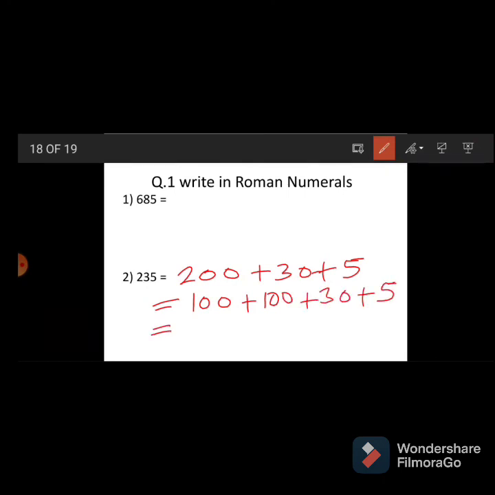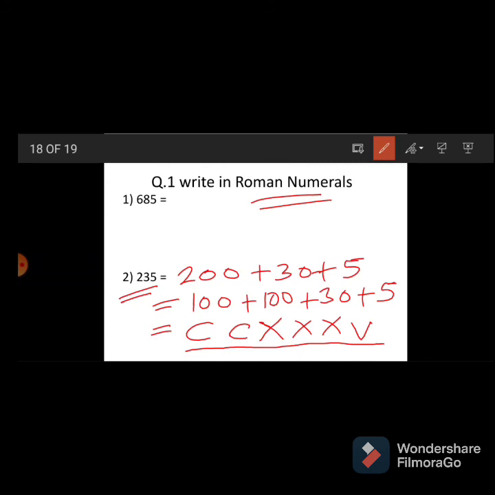Then for 100 which letter are we using? Tell me. Yes, C, C. And for 30, it means 3 times 10, X three times, and V means 5. Then for 235, CCXXXV is used in Roman numerals.